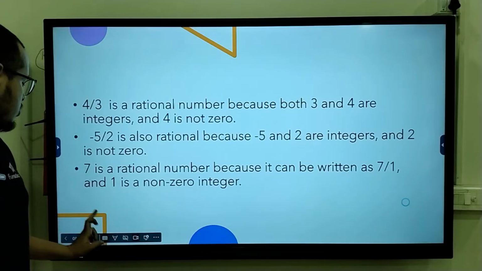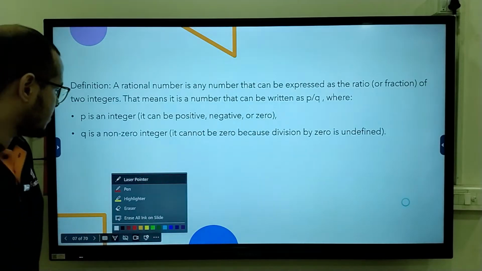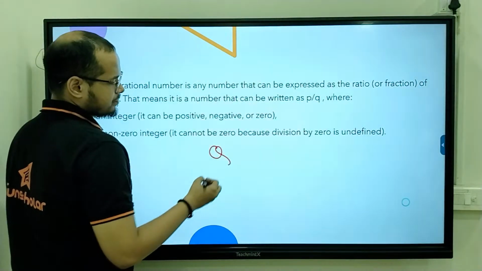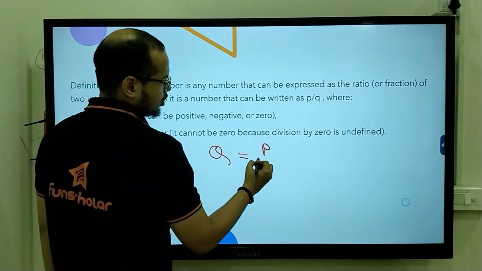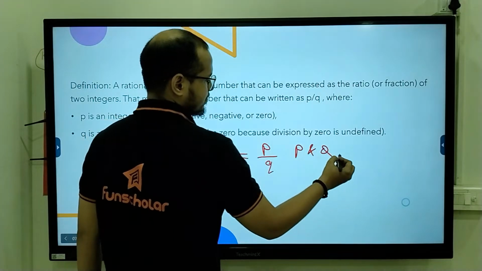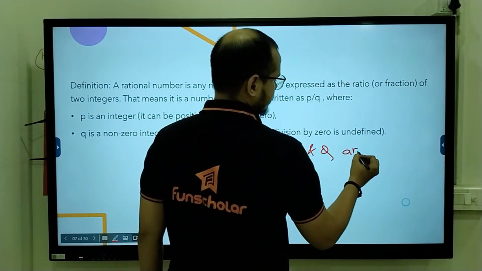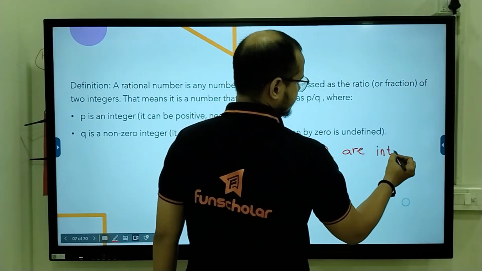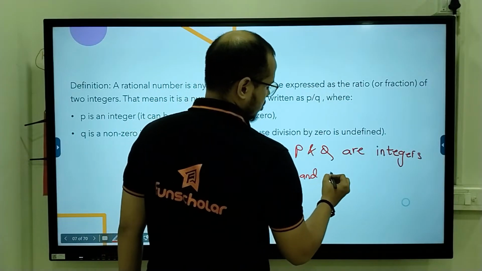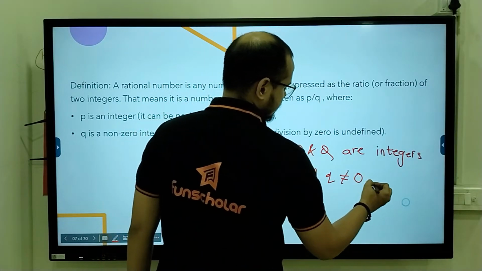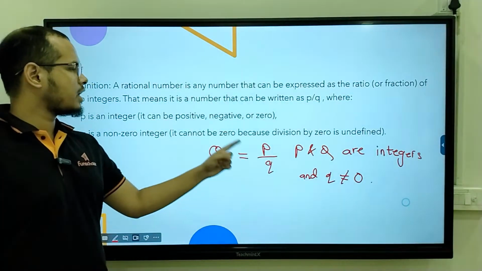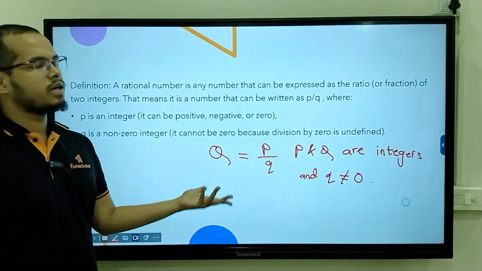Rational numbers are denoted by Q, which is p by q, where p and q are integers and q cannot be equal to 0, because if we have a 0 in the denominator, then that entire thing will be undefined and it cannot work.